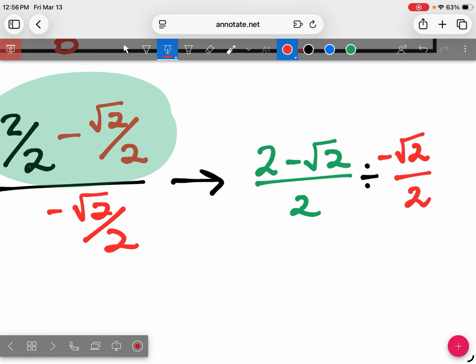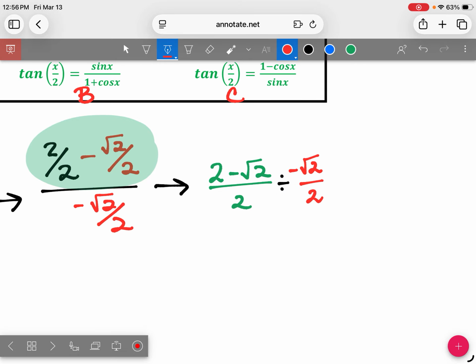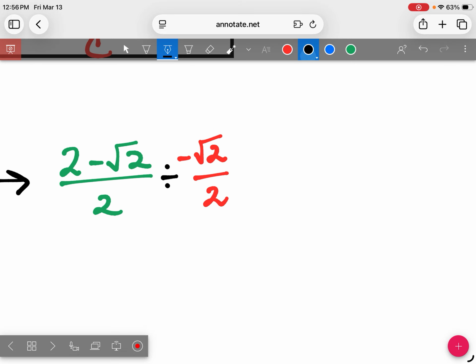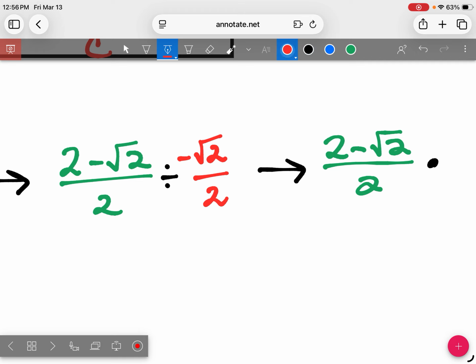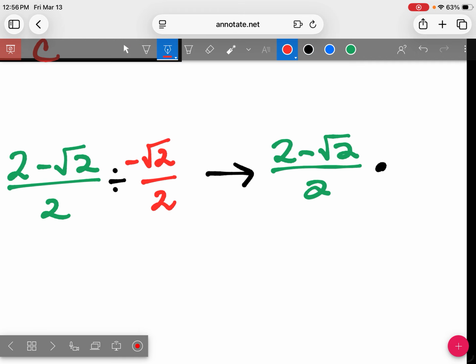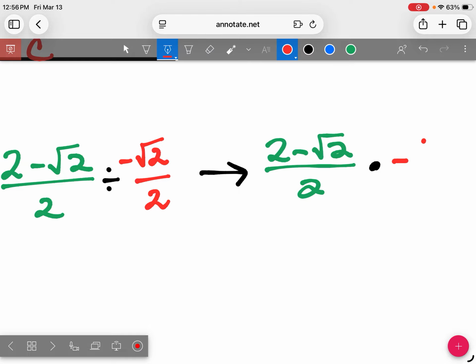Okay, so when you do that, keep, change, flip, it changes to 2 minus root 2 over 2 times, and it doesn't matter where you put that negative, negative 2 over root 2.